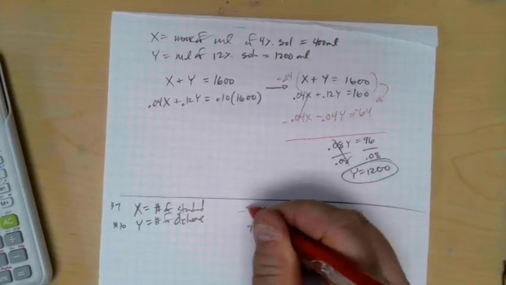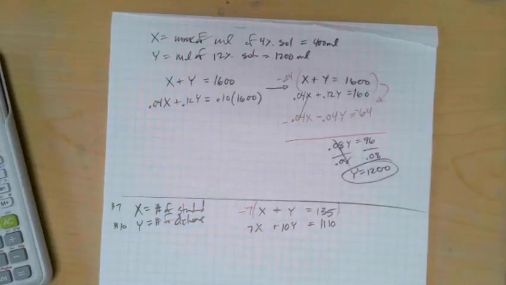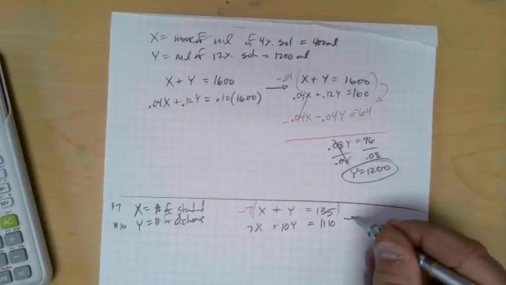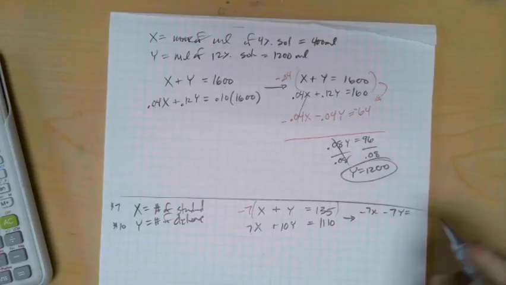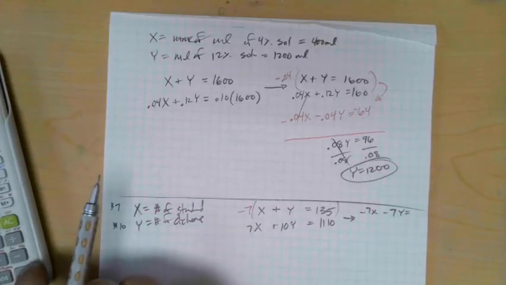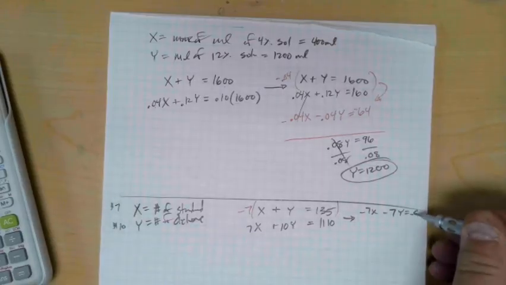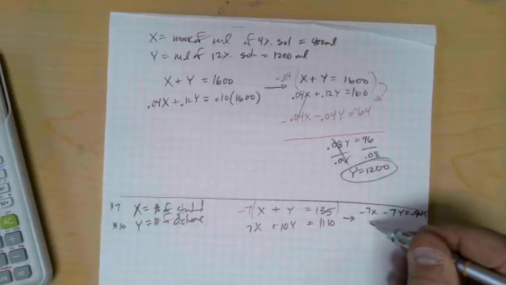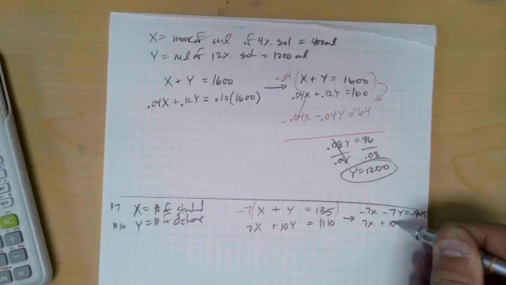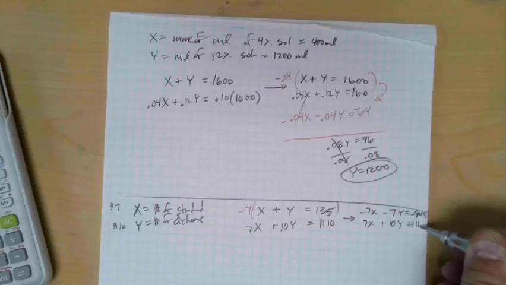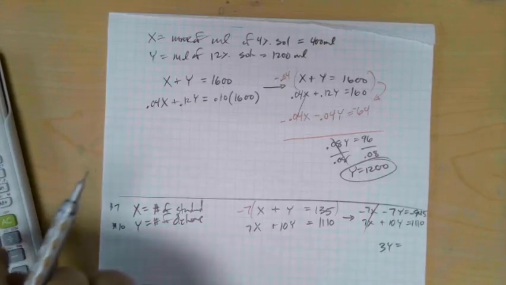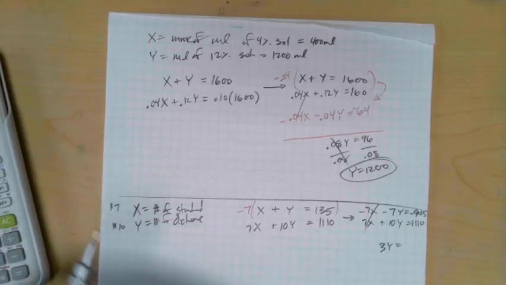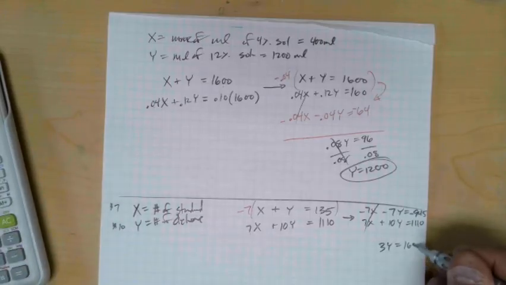Now check this out. If I multiply negative 7 times each of these, that's going to give me negative 7x minus 7y equals, what's 7 times 135? Negative 945. And then here's 7x plus 10y equals 1,110. The x's are gone. 10 minus 7 is 3y equals, I'm just doing 1,110 minus 945, 165.